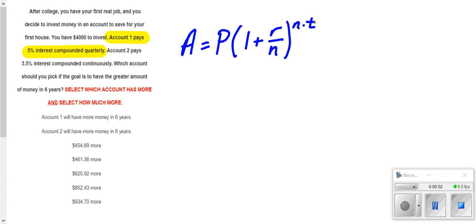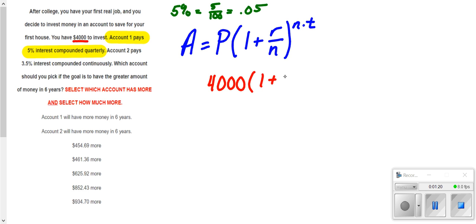So when I look at that statement, I need to read back a little bit to see that the initial amount was $4,000. And so 4,000 is my principal investment. My rate here is 5%, but I don't write it as 5 because it's a percent, which means 5 over 100, which is 0.05.